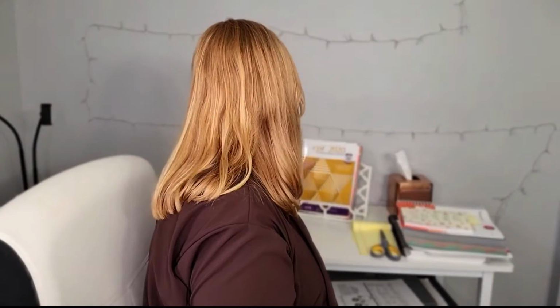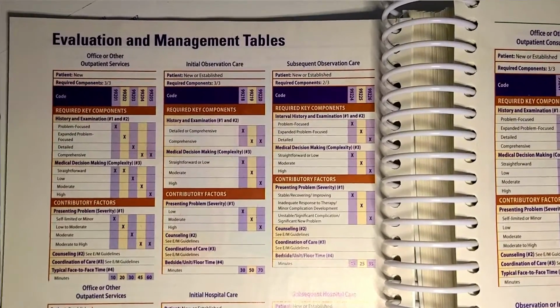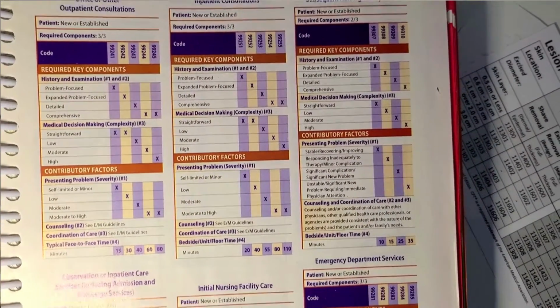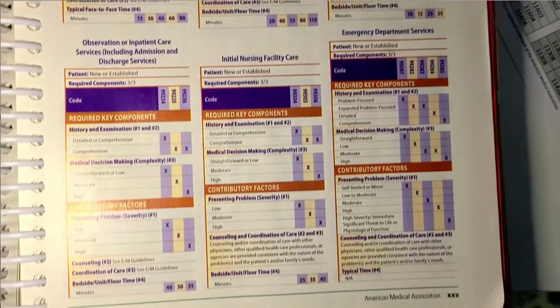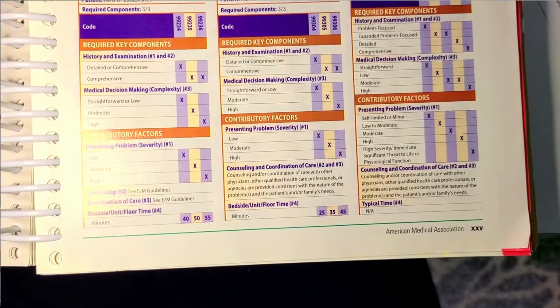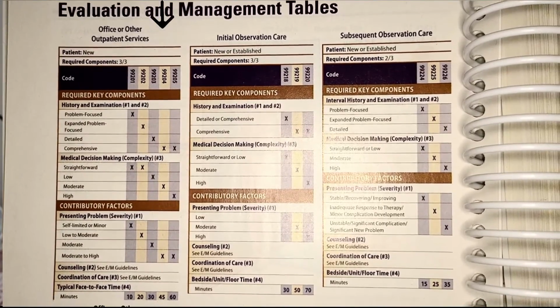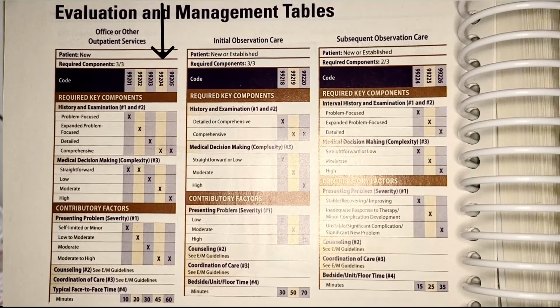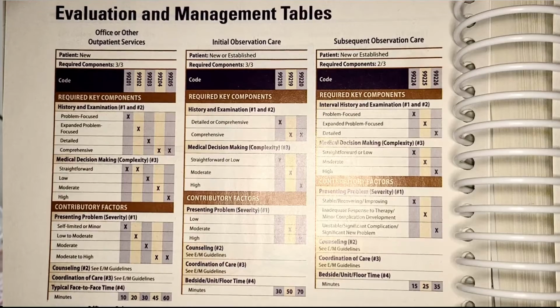And there is one cool thing I want to show you in your CPT book. So let's grab that and take a look. Now in the front of the AMA edition of the CPT book, there are evaluation and management tables. And they show you the different types, office or other outpatient services, new patient, and it requires how many of the components? 3 of the 3. So if we wanted to code, for example, a 99204, we would need a comprehensive history, a comprehensive examination, and then medical decision making of moderate complexity.